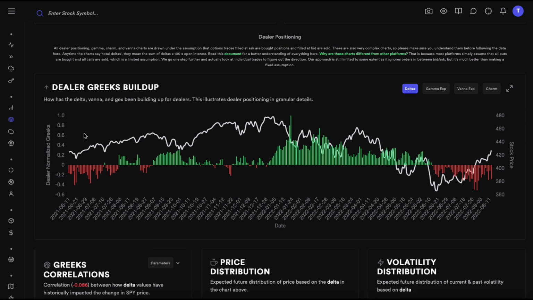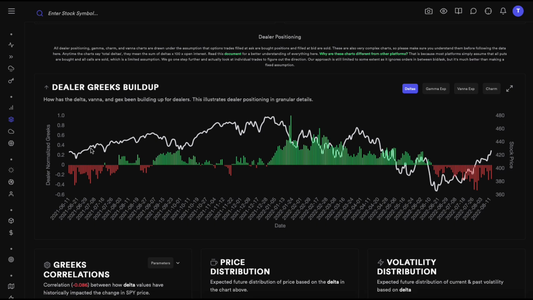Because if we know that at this point a 1% increase in the stock price or a 1% increase, let's say, in volatility is going to push the deltas down, let's say, by double, then we know that since pushing the deltas lower is going to force market makers to buy more, with a 1% decrease in volatility, we might have a good rally here.